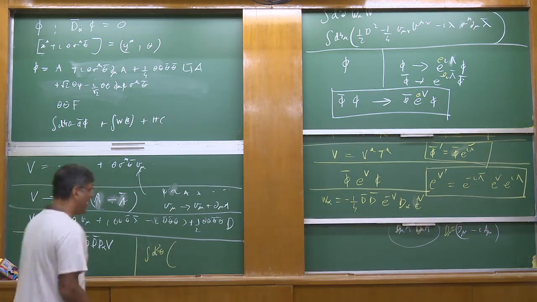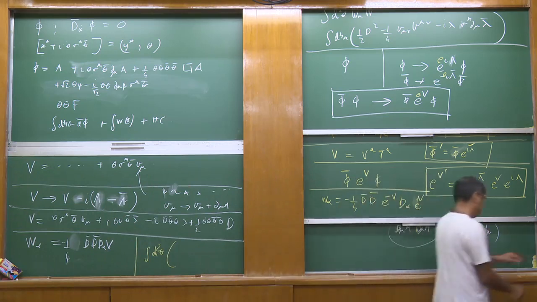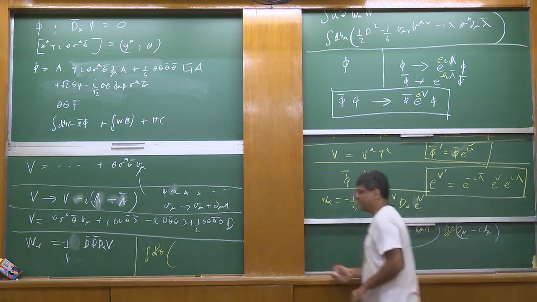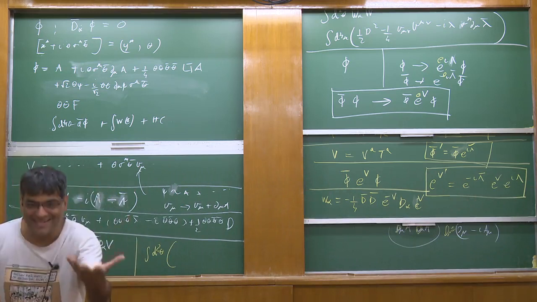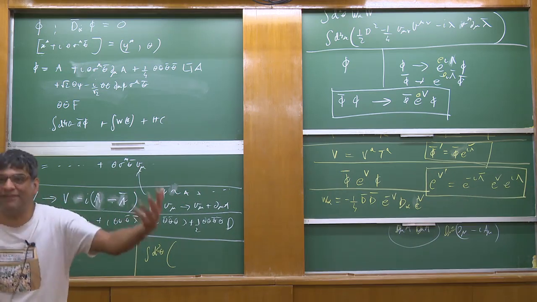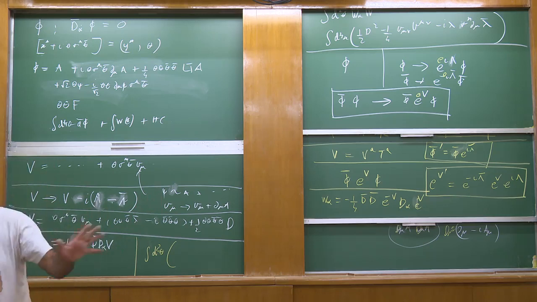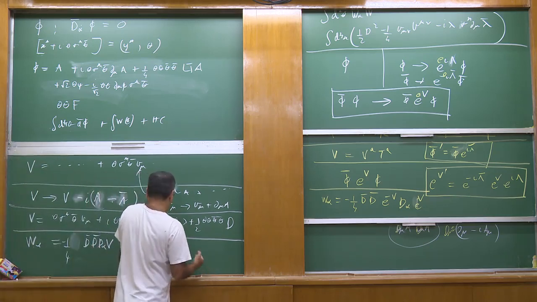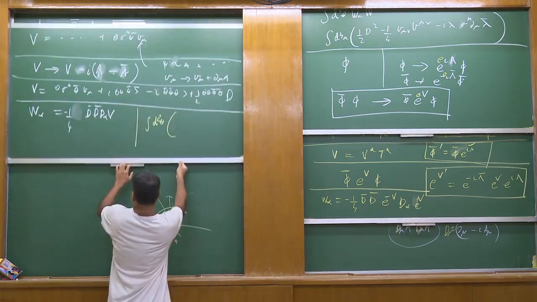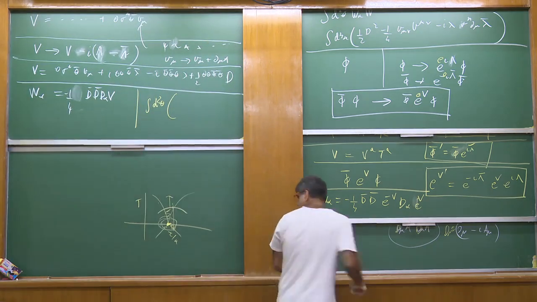Now, why did we have this funny W? We have this funny W because we wanted W to be gauge covariant, because W is like the field strength. So we wanted it to transform nicely under gauge transformations.